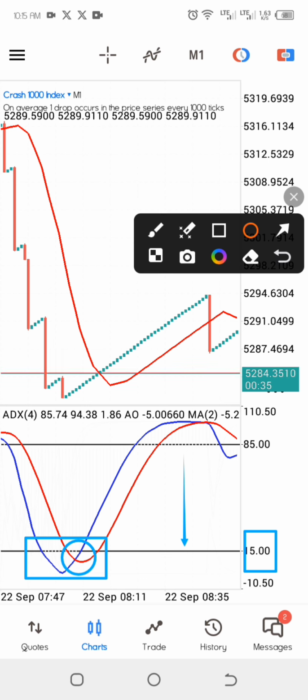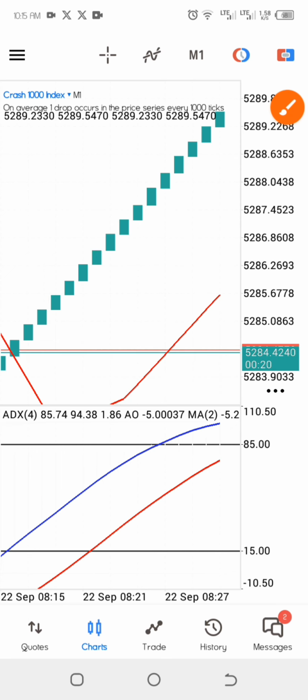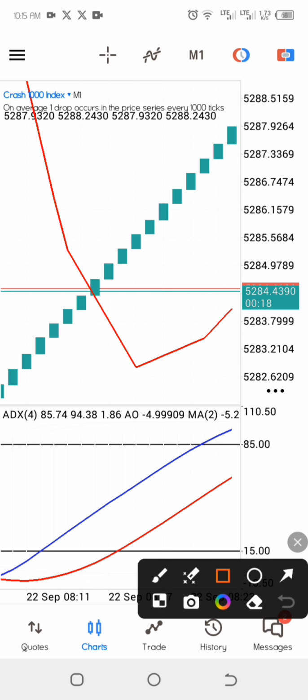When this happens, then I'm looking at my main chart, which gives me the confirmation to take a trade. And what is that confirmation? I want to see the price move above the moving average, which happens right here. So let me zoom so you guys can see. This is the candle that was responsible for a candle close above the moving average.